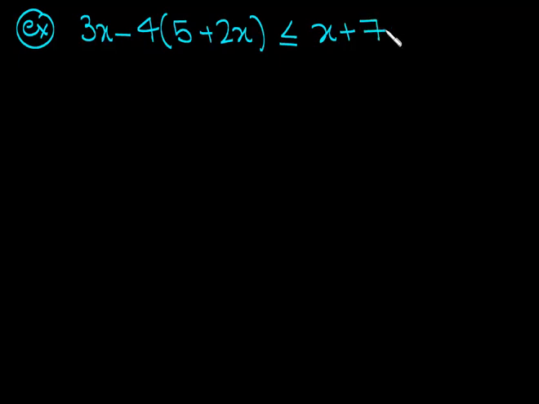Let's say I have 3x minus 4 times 5 minus 2x plus 2x is less than or equal to x plus 7.